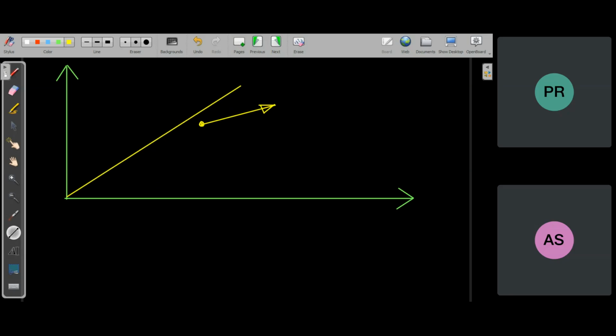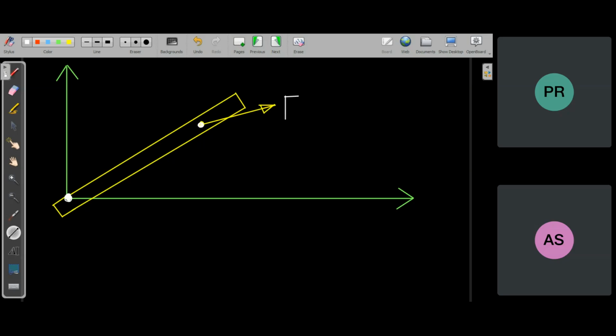A rod is like this. This is a particle of a rod, and the rod is like this, suppose. The rod is hinged about this origin here, and on this rod a force is applied here.